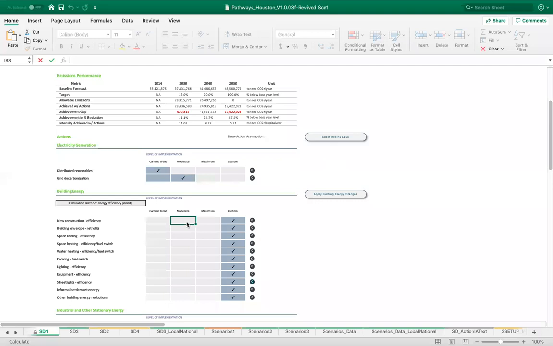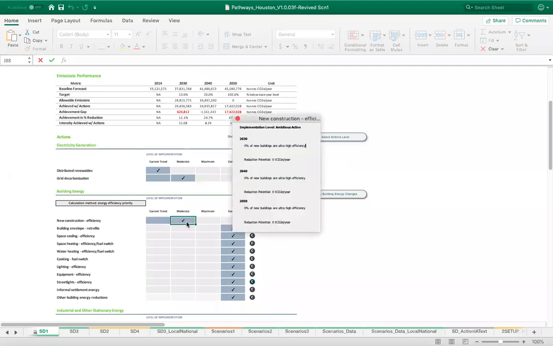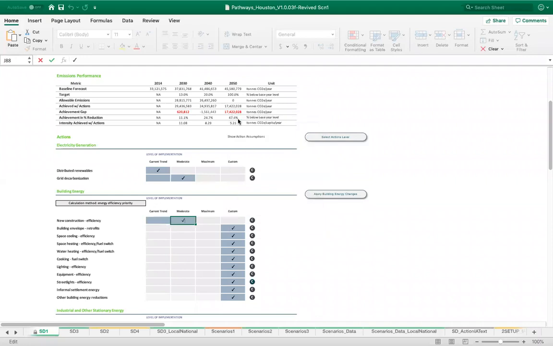You can select your current trend, your building envelope, whatever it might be, and as such, you can start to build what different policy scenarios might look like, and then see what the impact is. The model's just running the calculations. See what the impact is upon your overall emissions.